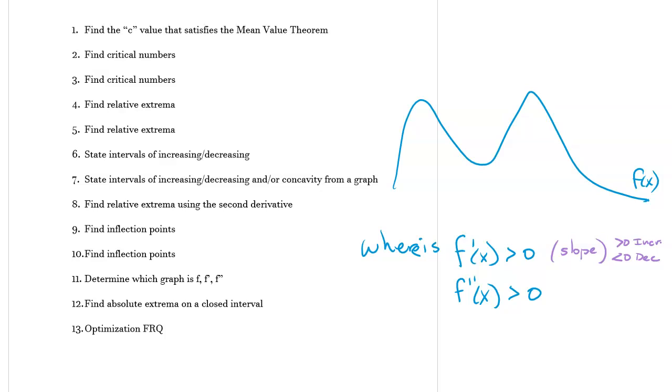Let me write letters on here to make it easier for you. Can you tell me where this graph is increasing? Because that's what we're looking for. F prime greater than 0. Just tell me between what letters it's increasing.